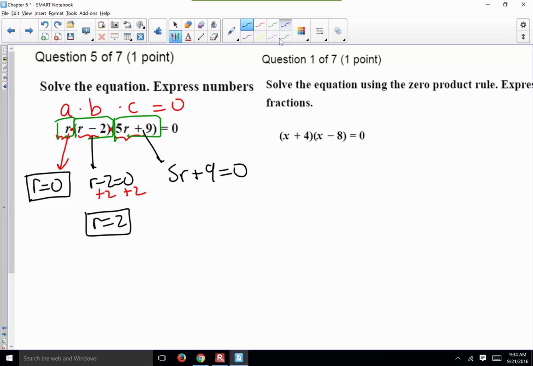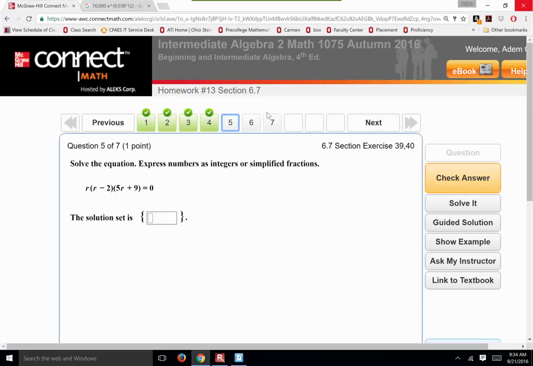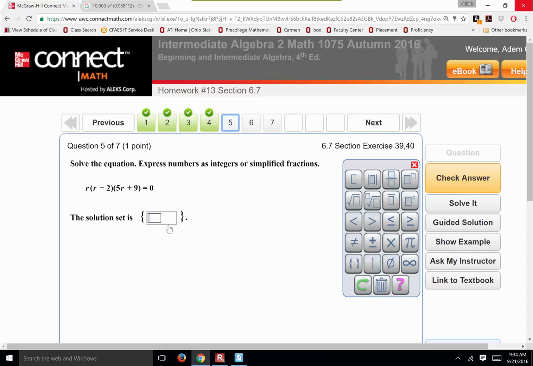And this one, not only addition or subtraction, but also division required here, because 5 is next to my variable, which was absent in the first two. And all set. So for the first time, we have three numbers obtained because we had three pieces. All you need to do is enter those three numbers here.